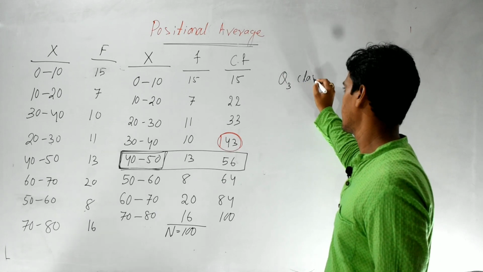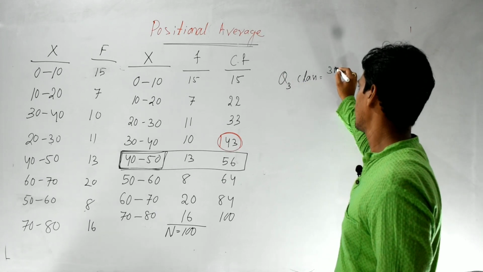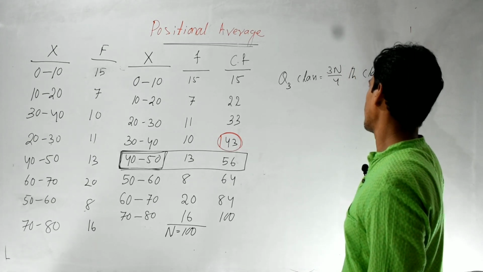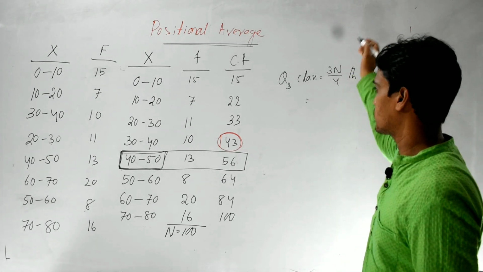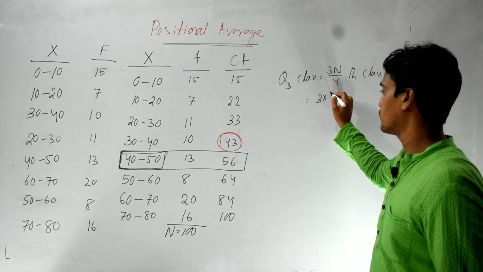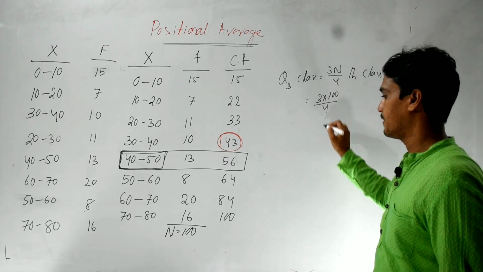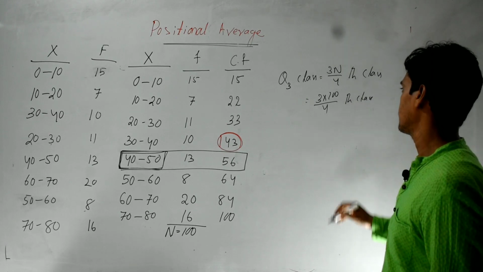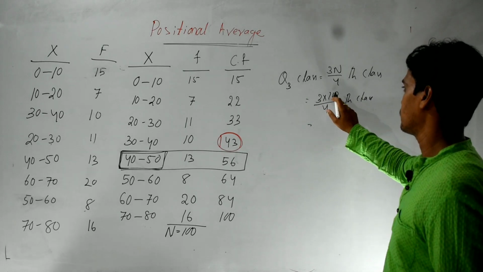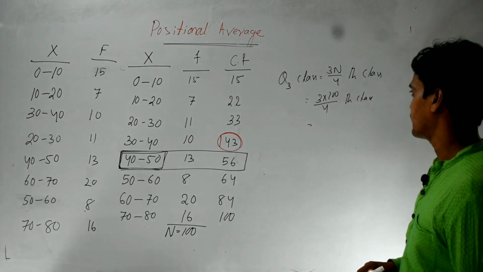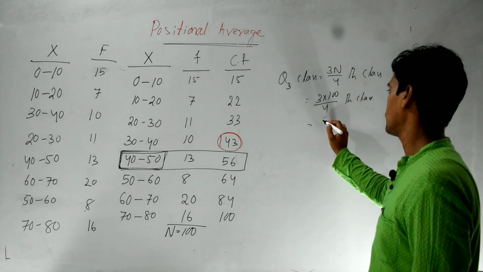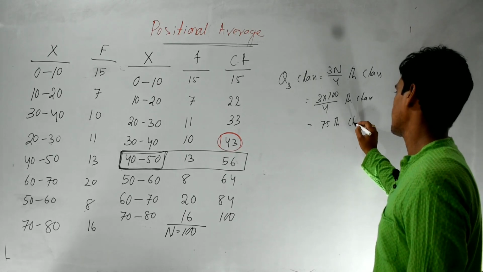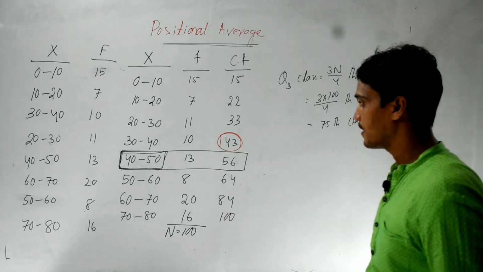If we want to calculate the third quartile, then we have to find the Q3 class, that is the 3n by 4th class, equals 3 into 100 divided by 4, that is 300 divided by 4, equals the 75th class.